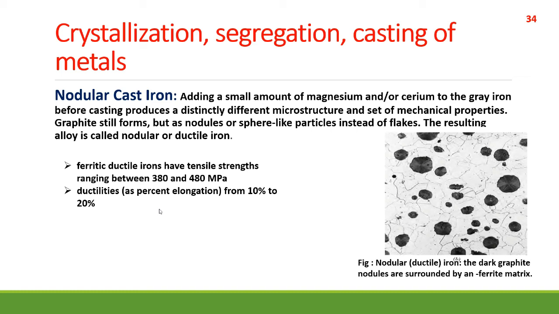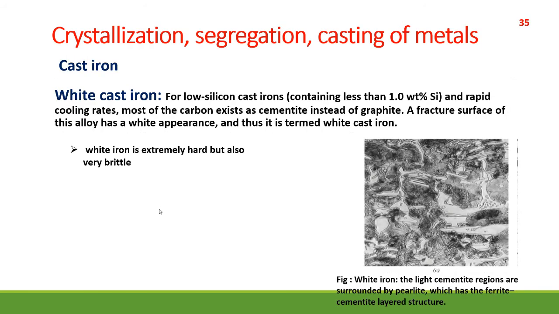On the other hand, this ductile cast iron or nodular cast iron is used in producing another type of cast iron, which is malleable cast iron or white cast iron. So what is white cast iron?